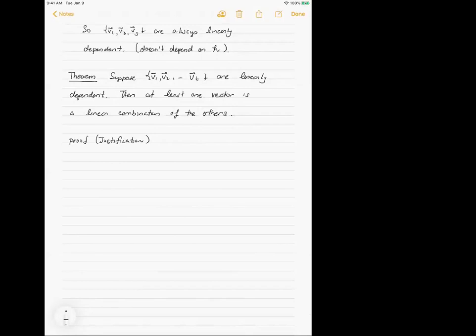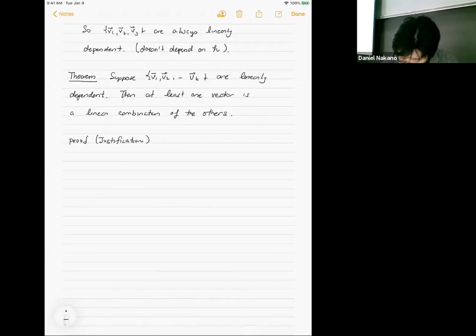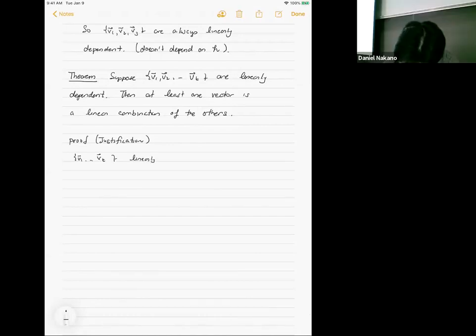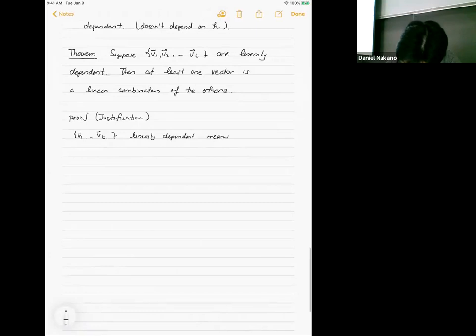So if the vectors V1 up to Vt are linearly dependent, that means I have a linear combination C1 V1 plus C2 V2 plus up to Ct Vt, which is the zero vector, where Cj is not equal to 0 for some j.